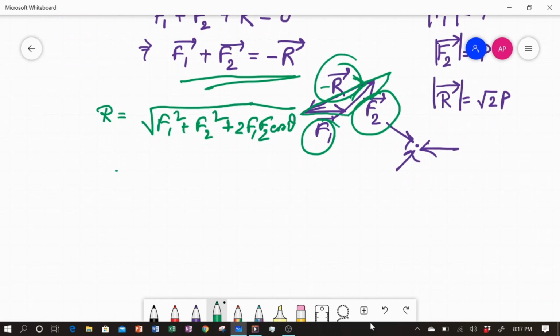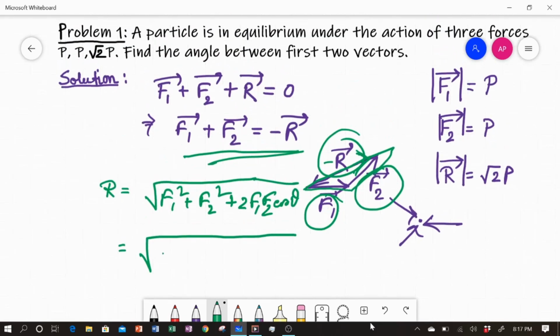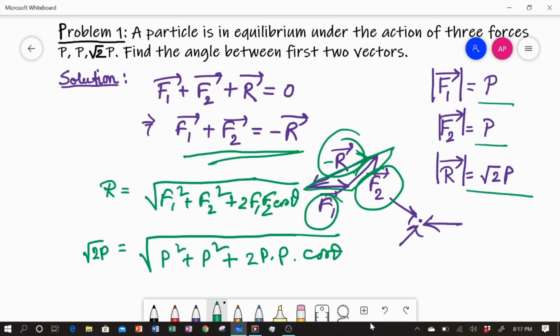Since the magnitude of F1 is P, F2 is P, and R is root 2P, we can put them here: root 2P equals the square root of P square plus P square plus 2P into P cos theta.